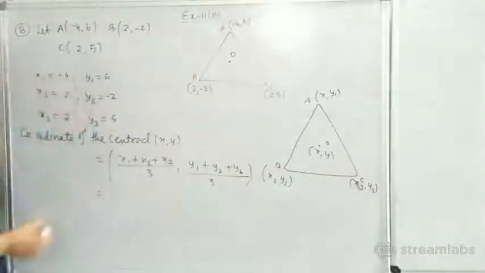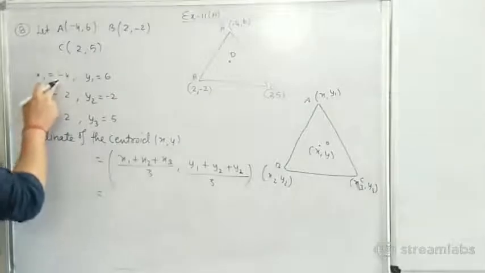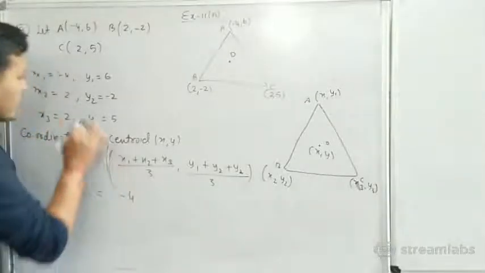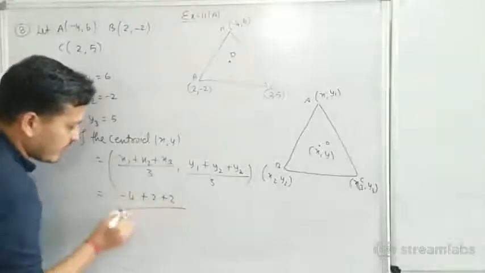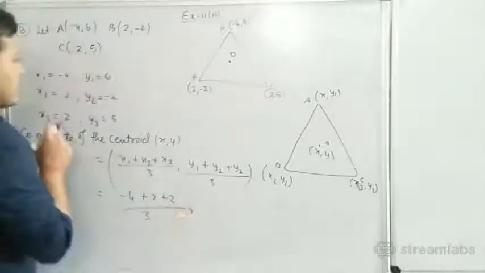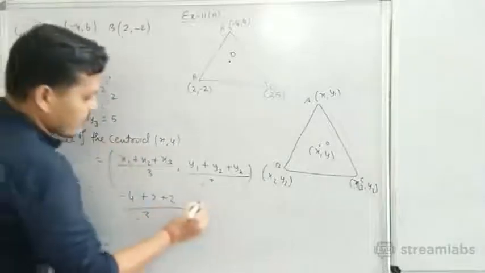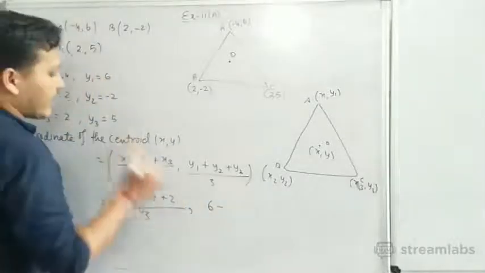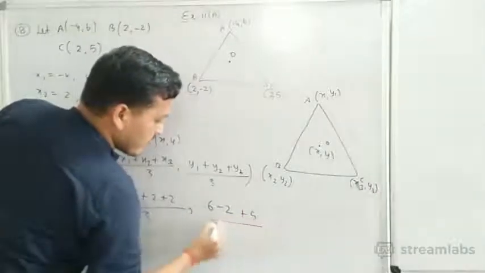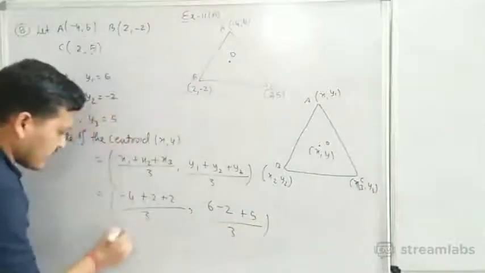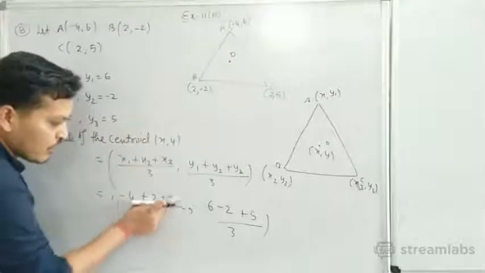By using this formula we can calculate our answer. So x1 is -4, x2 is 2 and x3 is 2, so -4 plus 2 plus 2, divided by 3. Next y1 is 6, y2 is -2 and y3 is 5. So the answer for x is 0.